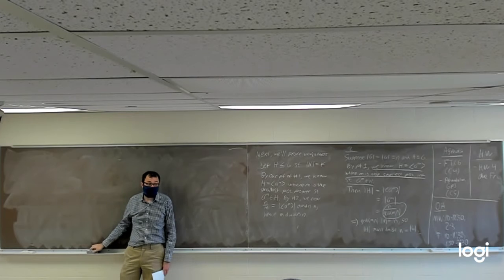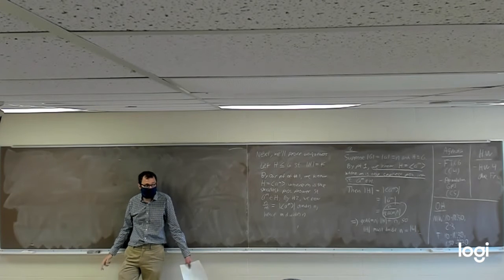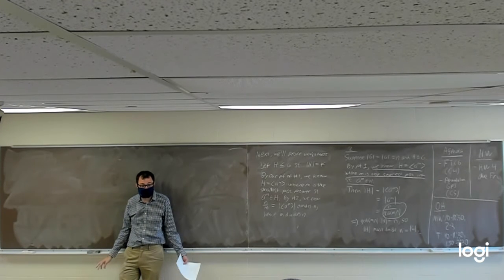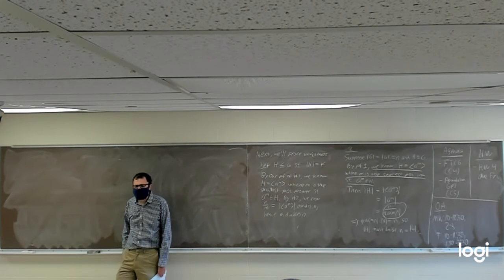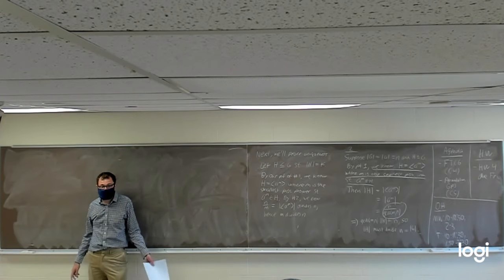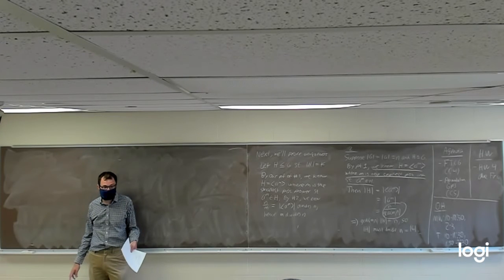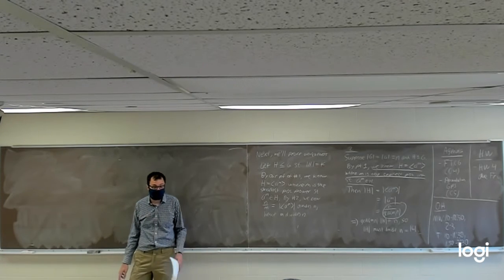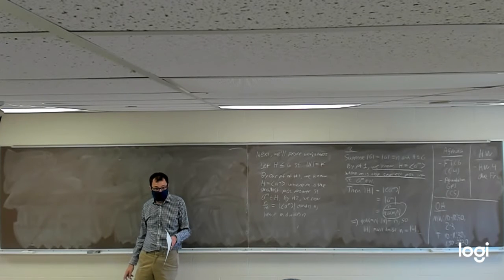So we've already seen one example of a type of group whose elements are actually functions, or a type of transformation. Which group have we seen so far where all of the group elements are actually somehow transformations of some object? Okay. The dihedral?